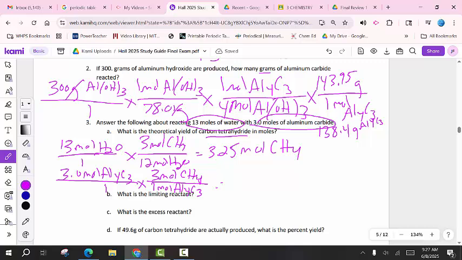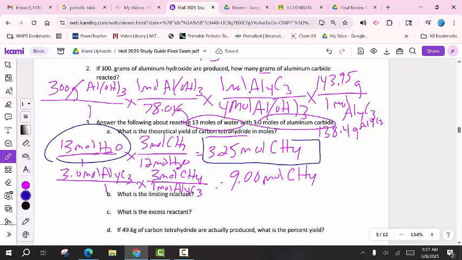So I'm just doing 3 times 3, which is 9. So when you're given each reactant, you have to consider how much product each one can make. So when the water reacts, it can make 3.25 moles of product, and the other reactant can make more, it can make 9 moles of CH4.